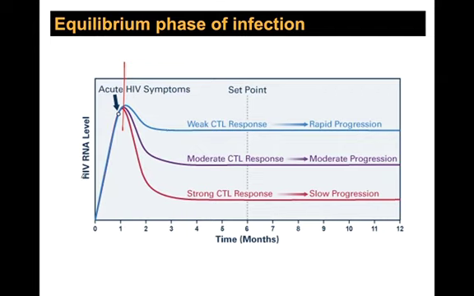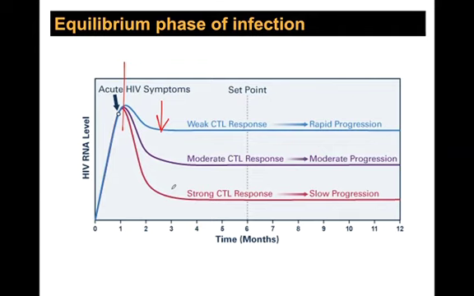This is showing HIV viral levels. You can see if you have a very strong CD8 response, again, coming back to a good CD4 help for that response, then you get slow progression. If you have a weak T cell response, then the viral set point is much higher, and so you get much more rapid progression.